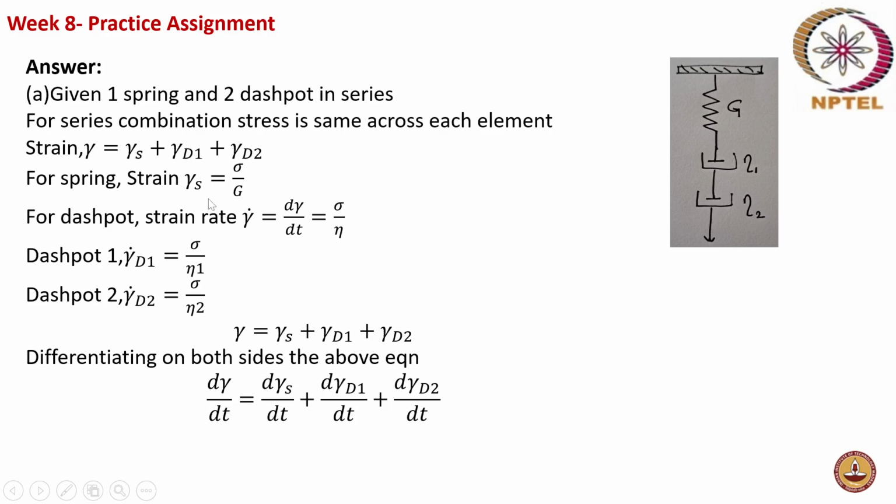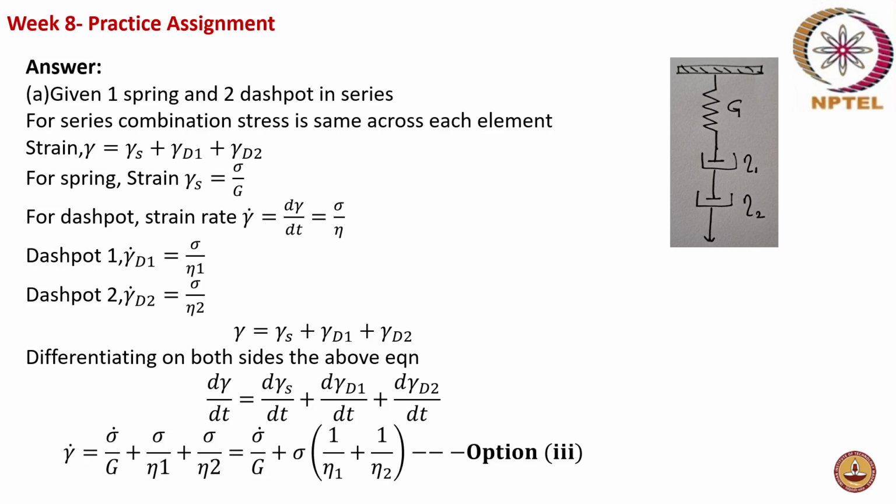So d gamma s by dt is nothing but d sigma by dt multiplied by 1 by G, where d sigma by dt is sigma dot. So your total strain rate is equal to sigma dot by G plus sigma by eta 1 plus sigma by eta 2.